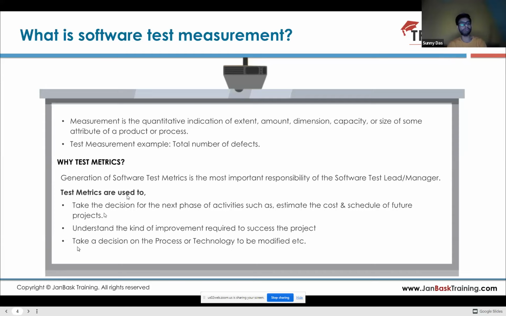Suppose the requirements were clear, but while you are testing the product, you are getting a lot of bugs, right? Now when you are getting a lot of bugs, the question has to arise: why are so many bugs coming? What was the issue? Then the development team will be asked why there are so many bugs coming from testing.